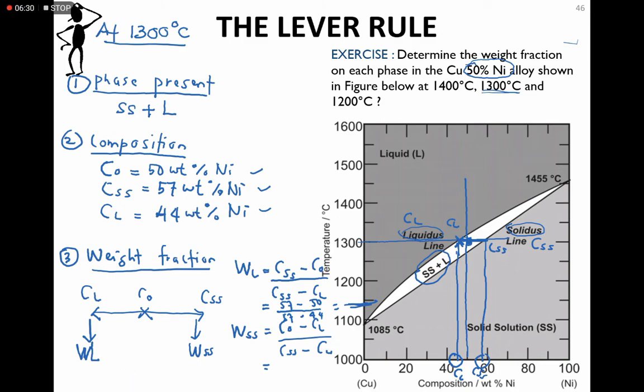Second, WSS equals C0 50 minus 44 over CSS 57 minus 44, and then you can get the answer.